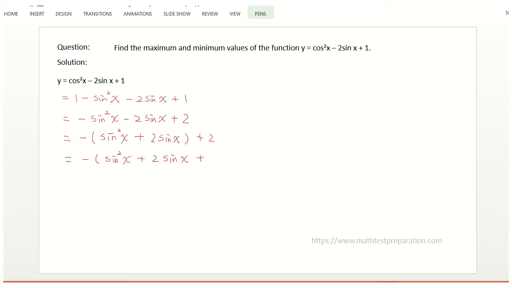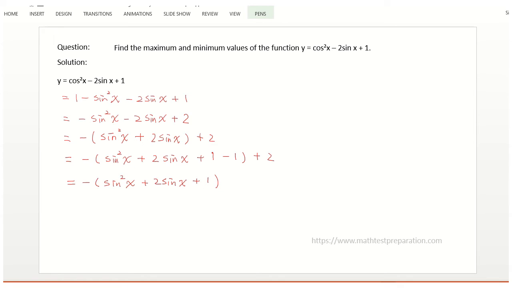This equals negative sine x squared plus 2 times sine x plus 2 divided by 2 is 1, plus 1 subtract 1, here plus 2. This equals negative sine x squared plus 2 times sine x plus 1.